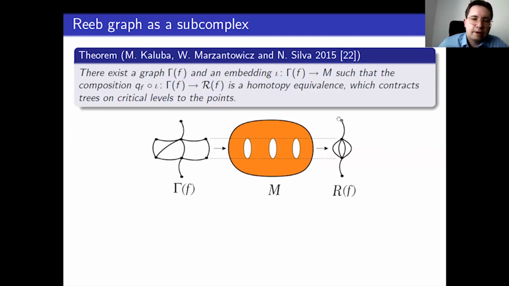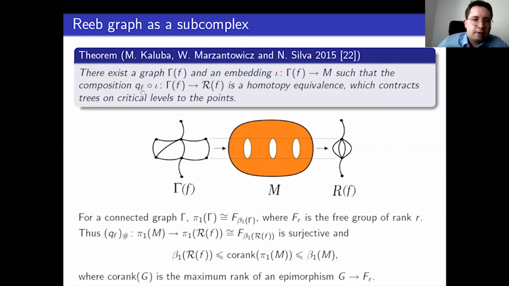For a given function with isolated critical points, we can construct a graph gamma of f and its embedding in the manifold such that the composition with the quotient map is a homotopy equivalence of graphs, and in fact it contracts the trees on critical levels to points, and it is bijective on the rest of the edges.